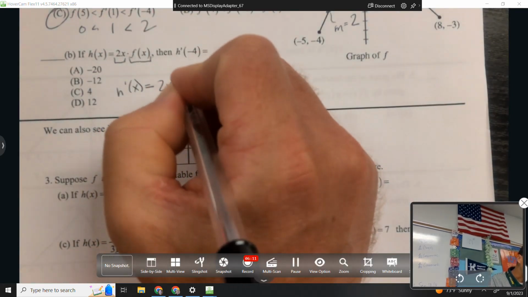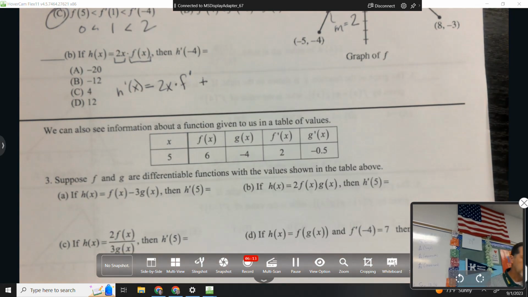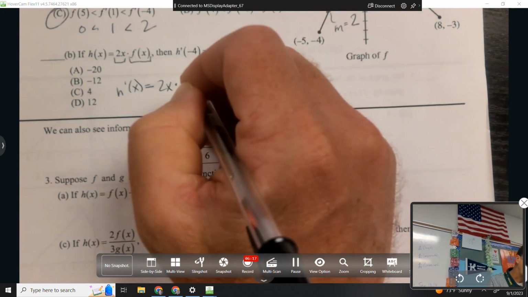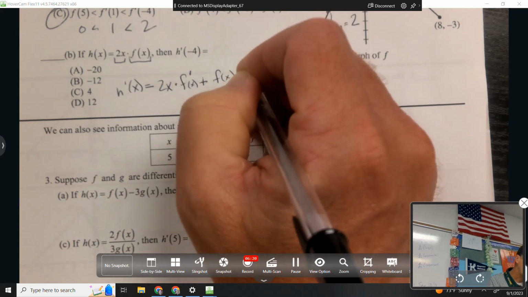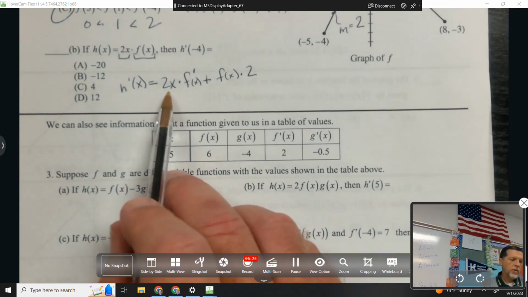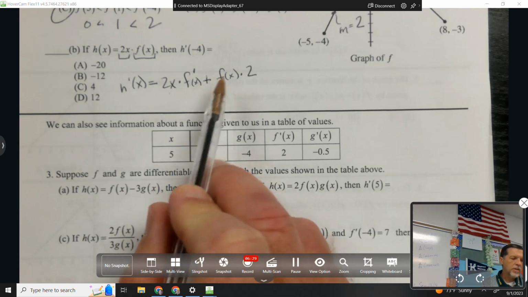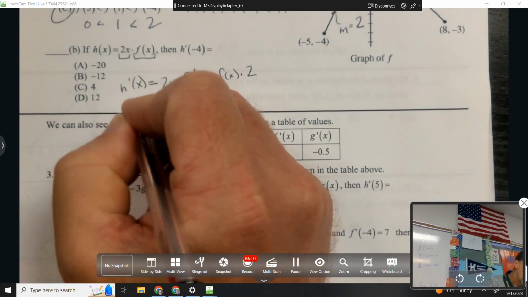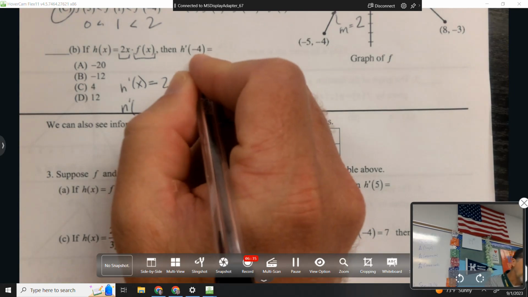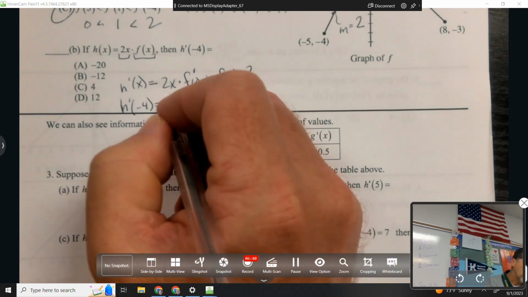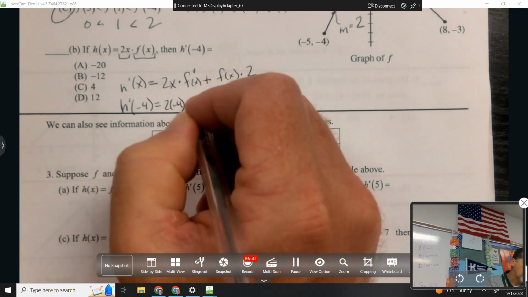So 2x times f prime plus the other way around, f of x times 2. First one times derivative of the second plus second times the derivative of the first.